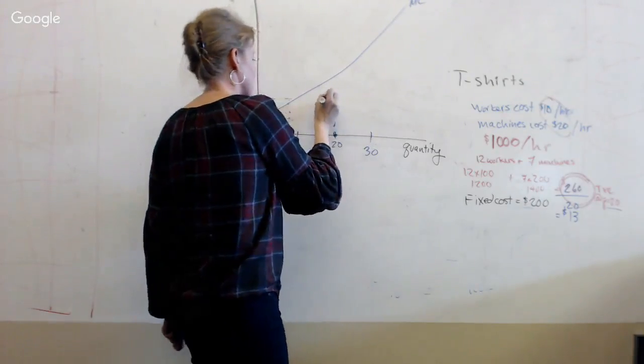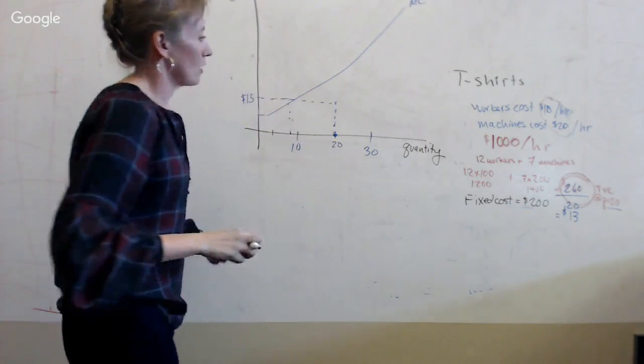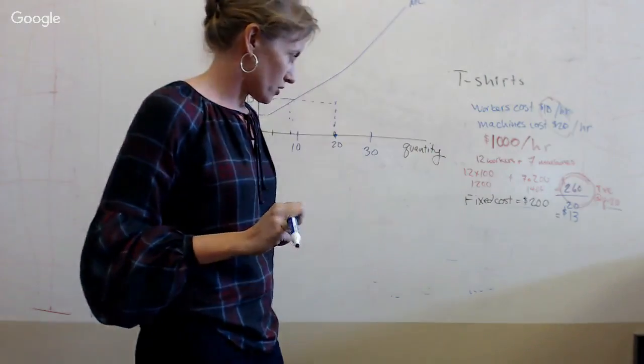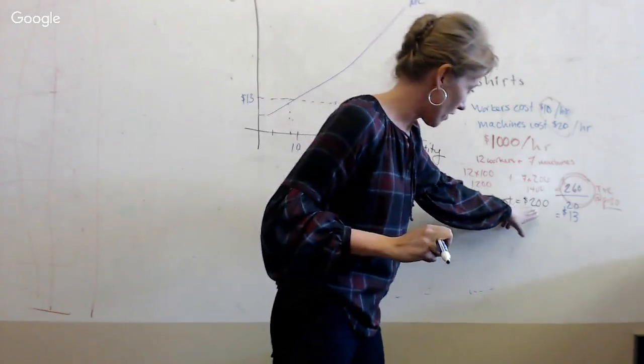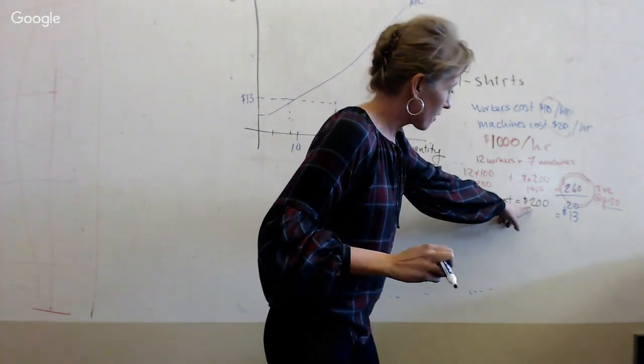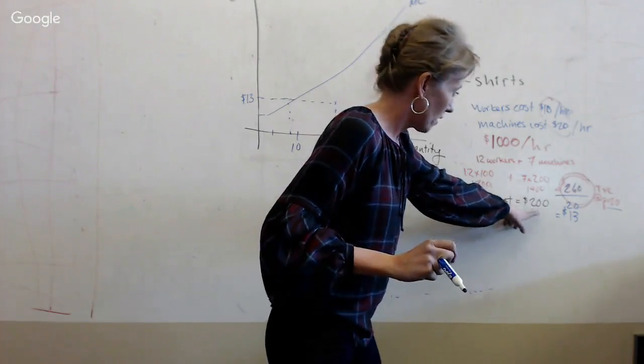And then let's put $13 right here. So if our average variable costs are $13, well, average fixed cost, how much is our average fixed cost if we produce 20 units of output? $10.